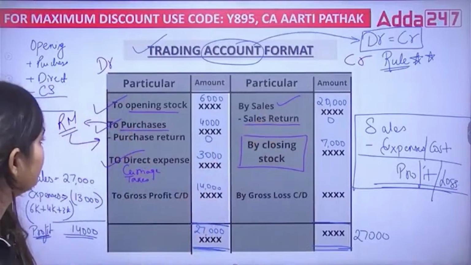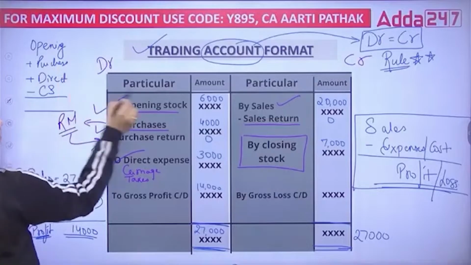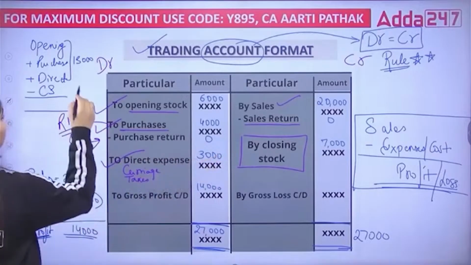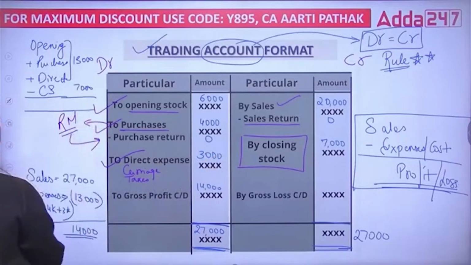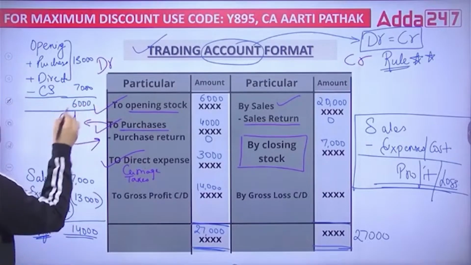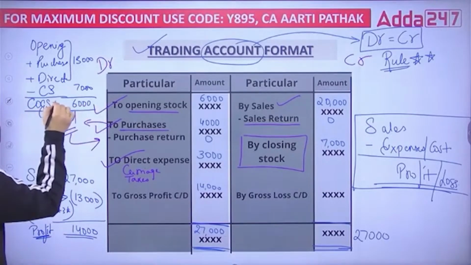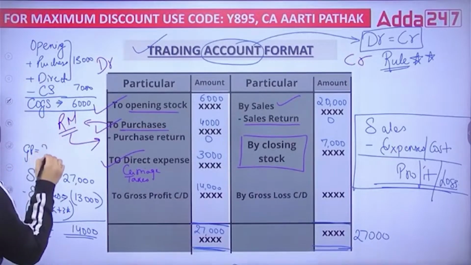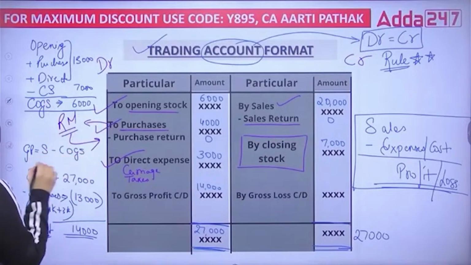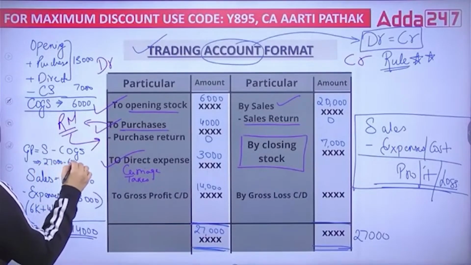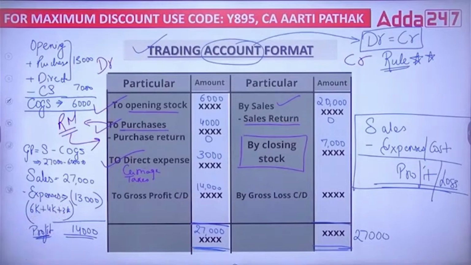So if you add these three things, they equal 13,000, and if you subtract 7,000 of your closing stock, this will give you 13,000 minus 7,000, 6,000. So this is your cost of goods sold. And again, if you want to calculate gross profit, sales minus COGS, just you need to do, sales is how much? Sales is 27,000 minus 6,000. So tell me, what is your answer?